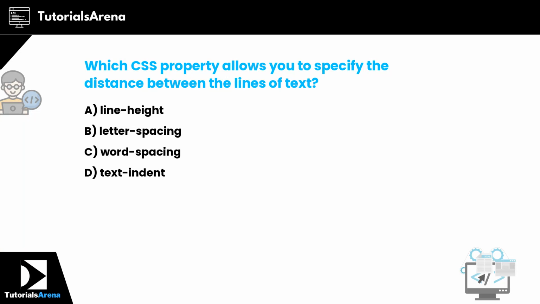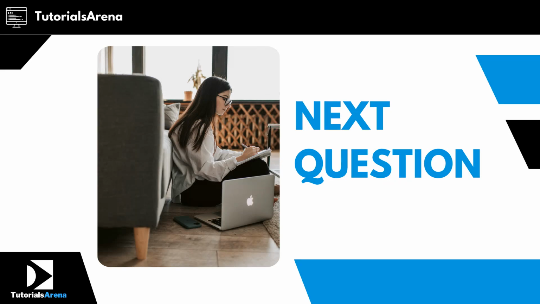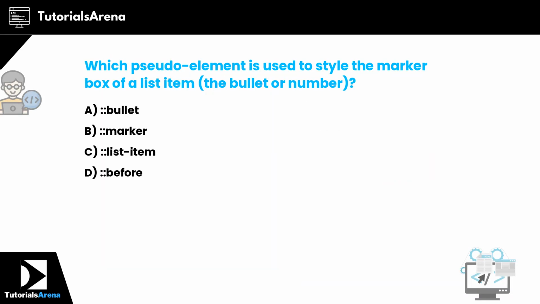Which CSS property allows you to specify the distance between the lines of text? The correct answer is option A, line-height. Which pseudo-element is used to style the marker box of a list item, the bullet or number?